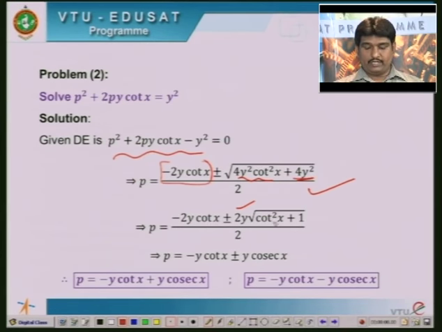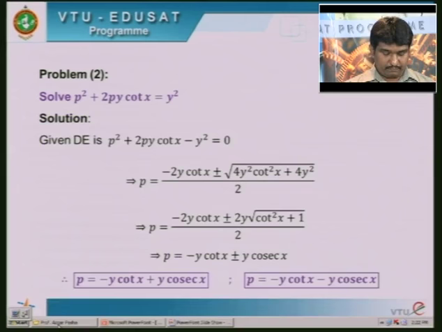Cancel 2 and write this as cosecant x. You know that 1 + cot² x = cosec² x. Therefore, the root of cot² x + 1 is cosecant x. So, two roots. One is -y cot x + y cosecant x, and another one is -y cot x - y cosecant x. We have to solve these two equations.